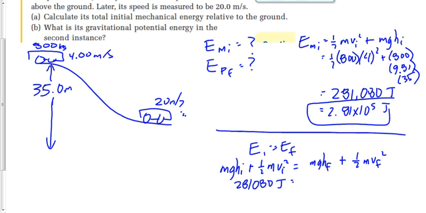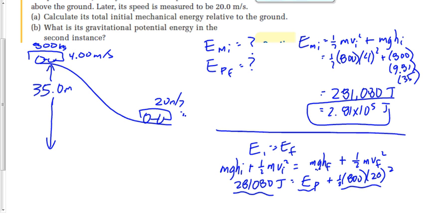Now, the final potential energy is mgh, but since I'm just looking for its value, let's just sub in the term for it, EP, plus 1/2 of the mass times VF squared. So the initial kinetic and potential energy combined equals the final kinetic and potential energy.